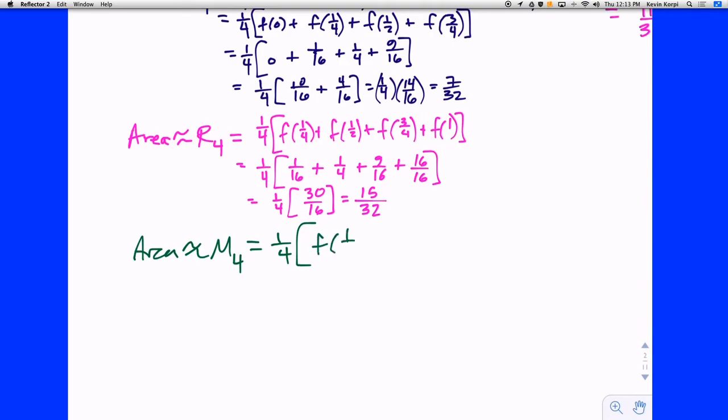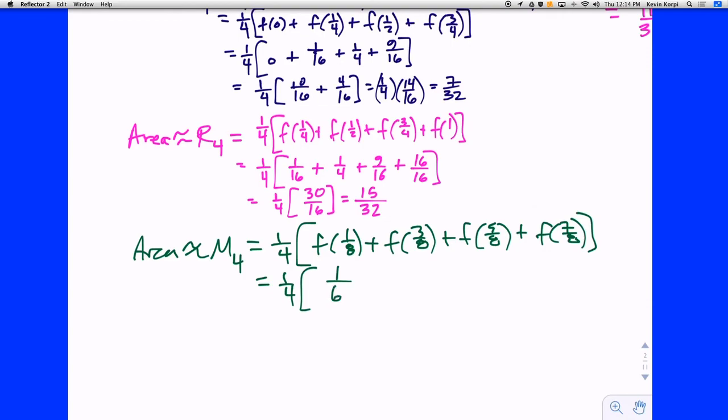But now it's f of an eighth plus f of 3/8 plus f of 5/8 plus f of 7/8. And now I can say 1/4 times, applying the function, I get 1/64 plus 9/64 plus 25/64 plus 49/64.